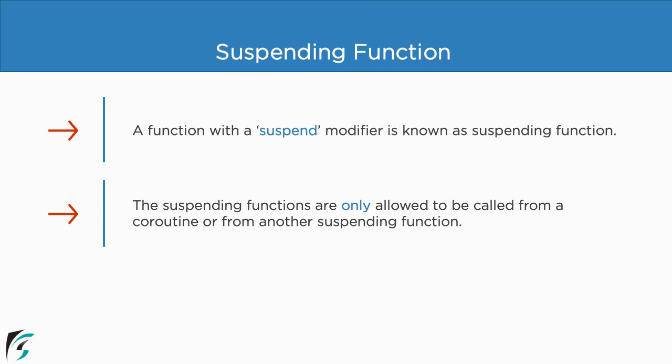And suspending functions are only allowed to be called from inside a coroutine or from another suspending function. In short, you cannot call a suspending function from outside a coroutine. This is the reason why the compiler was complaining. So please remember these 3 points. These are very basic but very important things to remember while dealing with coroutines.